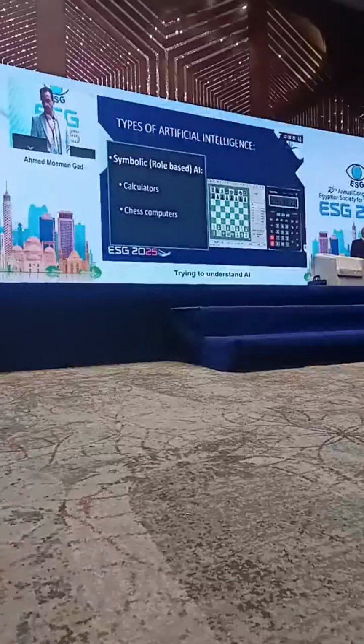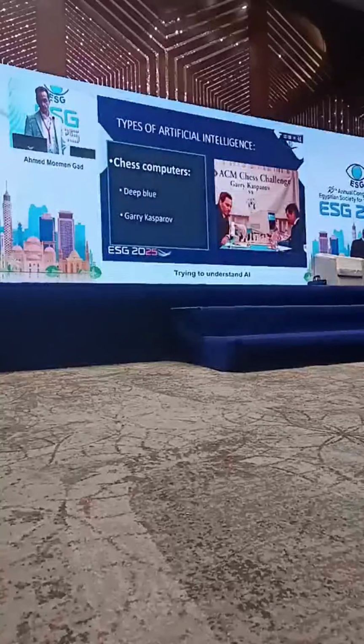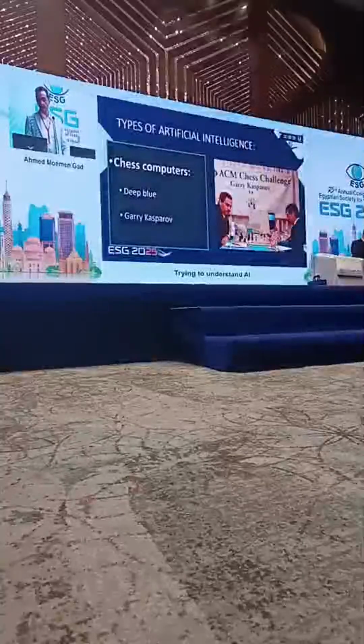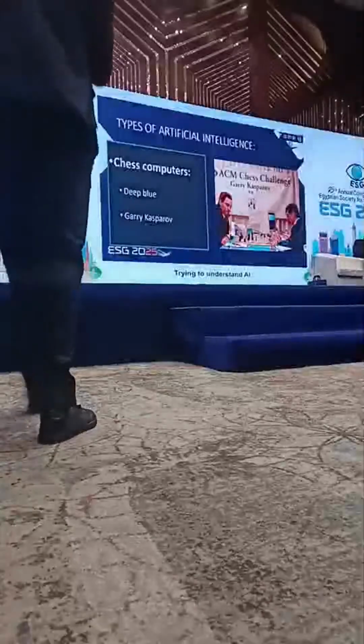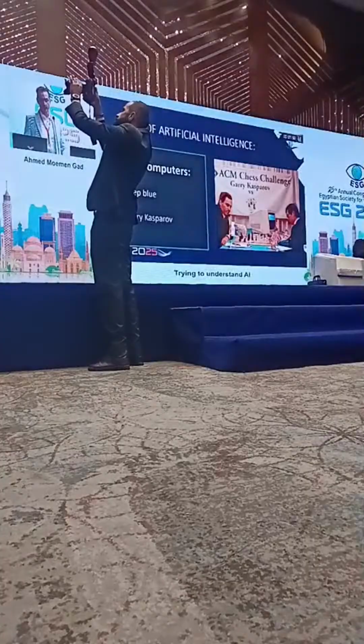Another example is the chess-playing computer. This chess-playing computer was developed in a program called Deep Blue, developed by IBM to compete with Garry Kasparov, the world champion of chess. This system took about 12 to 14 years of development until it reached its full form, and this is very time consuming.